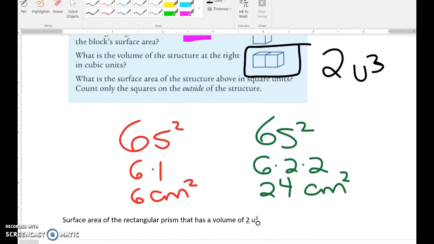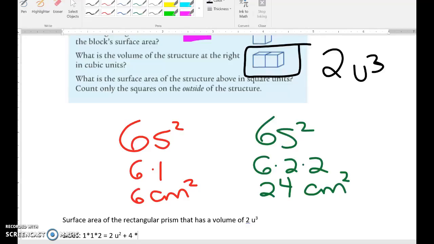So what is that surface area? Well, look at those sides. Those sides are each a 1 by 1 square, right? And there are 2 of them. So that's going to be 2 square units, and that's surface area. So we use square units. And then we have 4 identical sides, right? The front, the top, the back, the bottom.